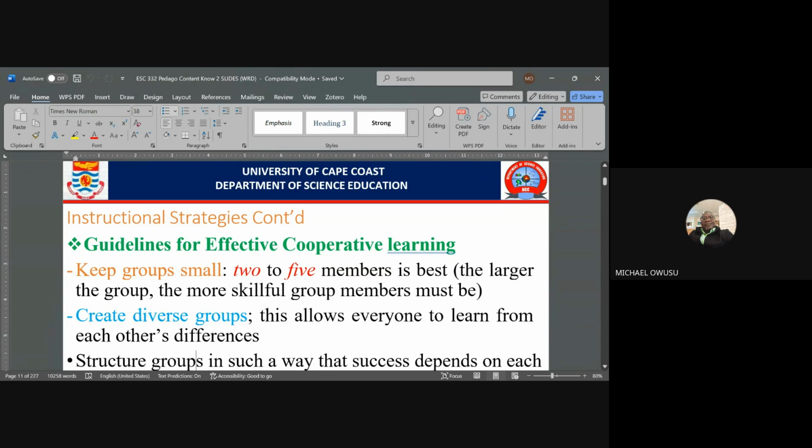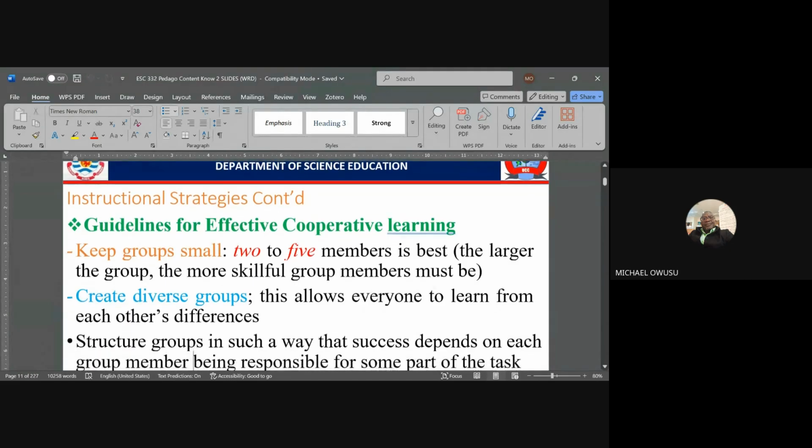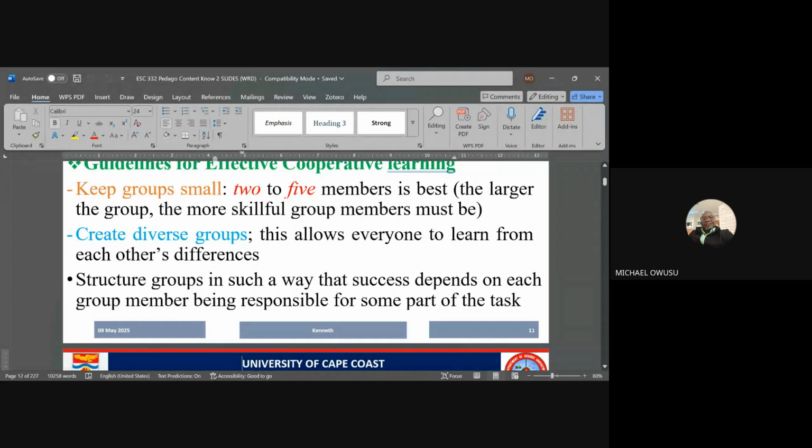We also need to structure the group in such a way that success will depend on each group member being responsible for some part of the task. At the end of the day, because everybody is doing something, the success of whatever they have done will depend upon each member's responsibility.